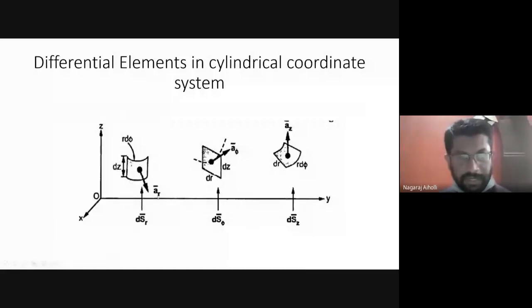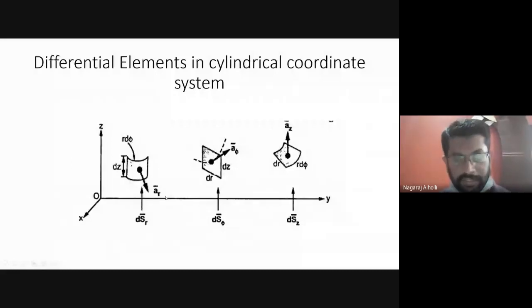The magnitude and unit vector we get simultaneously, correct? So what will be the area of this surface, students? It is dz into r d phi. Don't forget the unit vector. The surface area ds r bar is equal to dz into r d phi into ar bar.